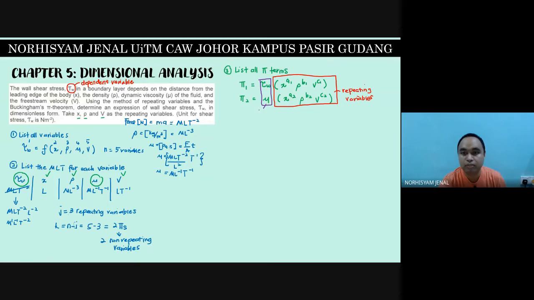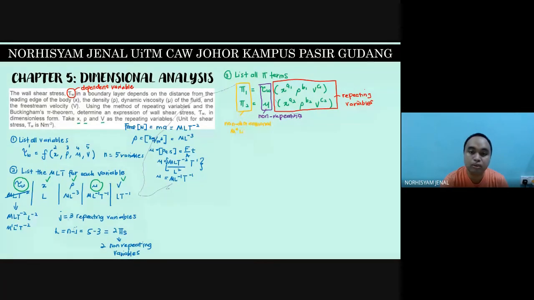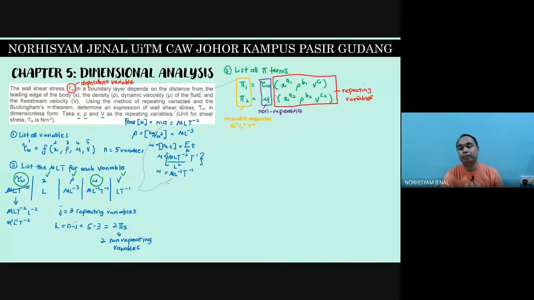This is the non-repeating. All right. And then the next one, pi1 and pi2, should be non-dimensional. It means the MLT is M0, L0, T0. Okay. Any question on this?